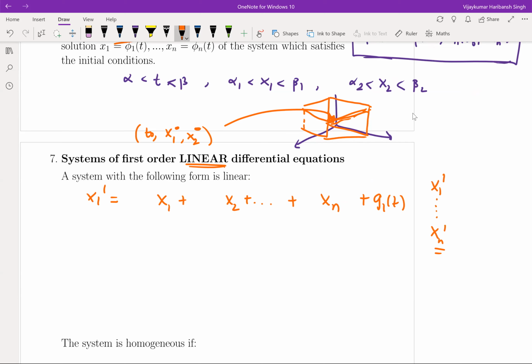So therefore here we'll have p11 of t, p12 of t dot dot dot p1n of t. So these coefficients are functions of t. Okay, so that's what we mean by linear. Similarly, for xn prime, you will have pn1 of t and so on up to pnn of t times xn plus gn of t. I'm writing the coefficients carefully, the labeling is careful.